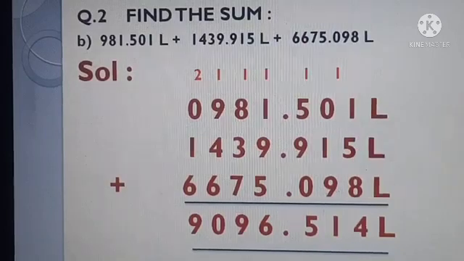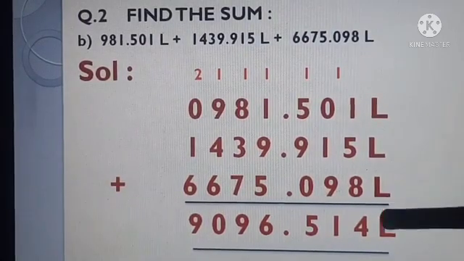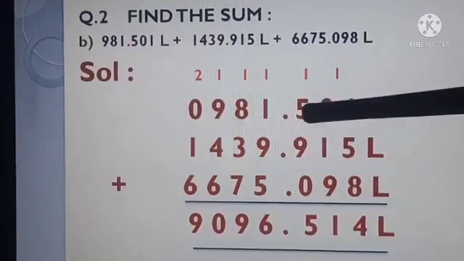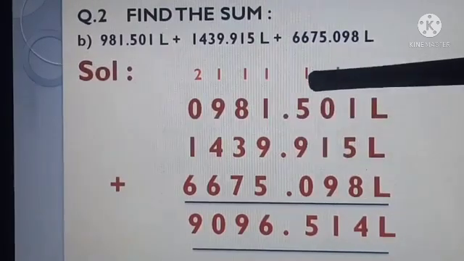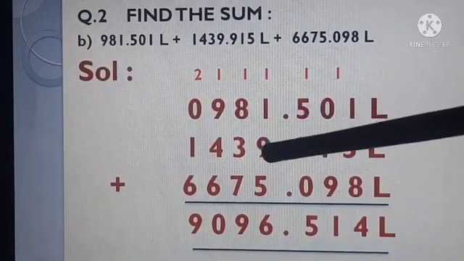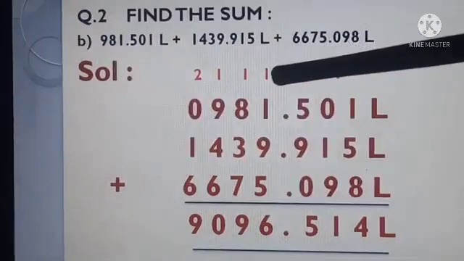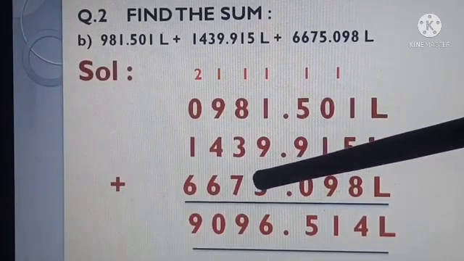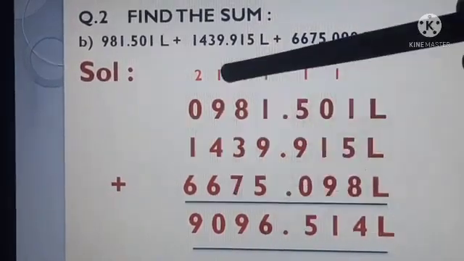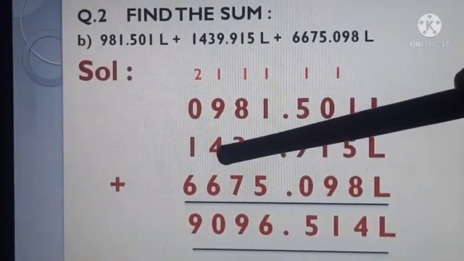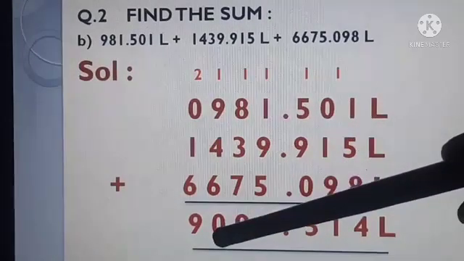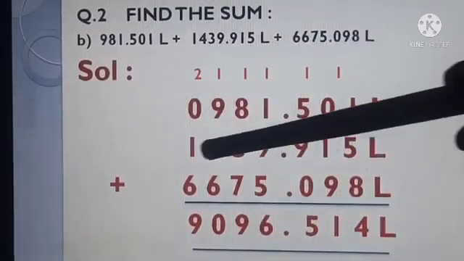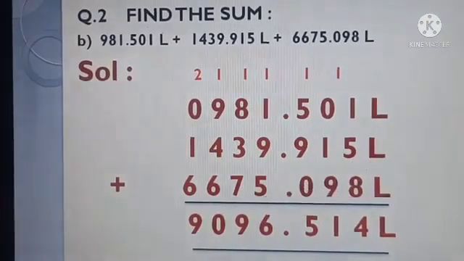Now do addition. 1 plus 5, 6. 6 plus 8, 14. 4, 1 carry. 1 plus 9, 10. 10 plus 1, 11. 1, 1 carry. 9 plus 5, 14. 14 plus 1, 15. 5, 1 carry. 1 plus 9, 10. 10 plus 5, 15. 15 plus 1, 16. 6, 1 carry. 8 plus 3, 11. 11 plus 7, 18. 18 plus 1, 19. 9, 1 carry. 9 plus 4, 13. 13 plus 6, 19. 19 plus 1, 20. 2 will become carry and 0 will be written. 0, 2 carry. 1 plus 6, 7. 7 plus 2, 9.